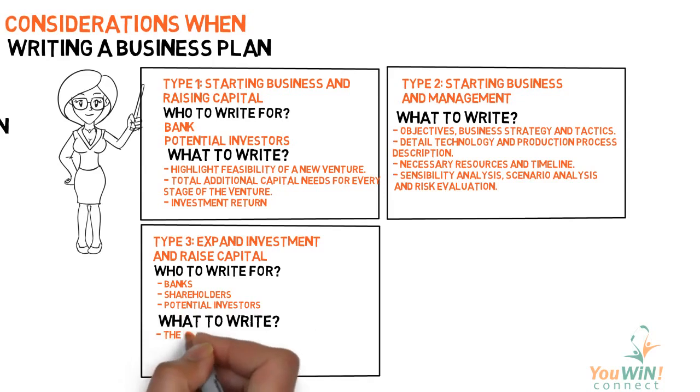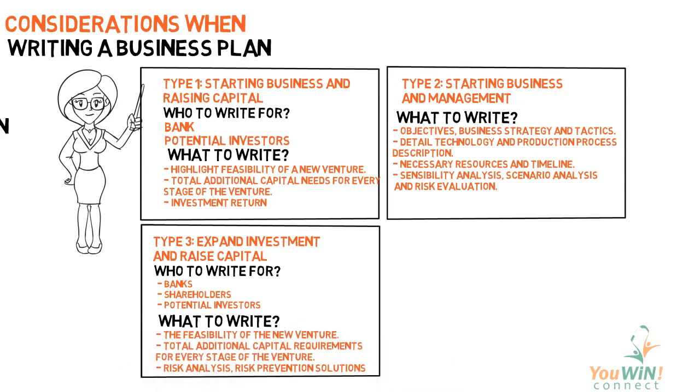It should highlight the feasibility of the venture, show the total capital requirements and needs at every stage of the venture, and emphasize which factors will enable the company to succeed. And of course, it needs to anticipate the potential risks, analyze and prepare for potential obstacles, or identify the level of risk tolerance of the company.